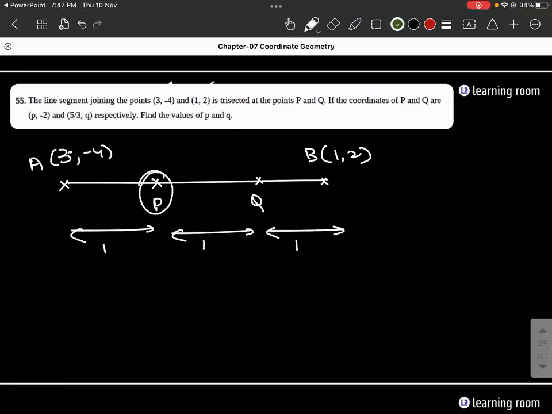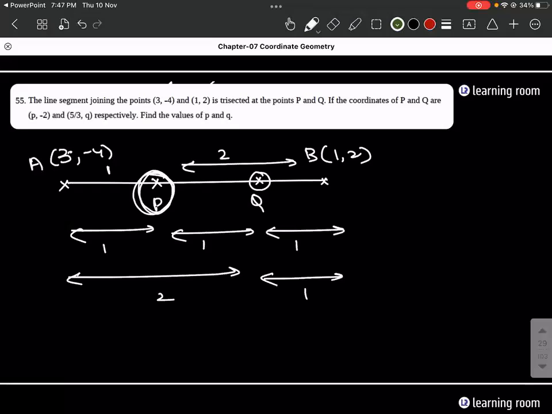So P divides AB in the ratio 1 is to 2. Q divides AB in the ratio 2 is to 1. So you'll get 2 points, right? Equate those 2 points to P, minus 2 and 5 by 3, Q. Tell me what is the answer.